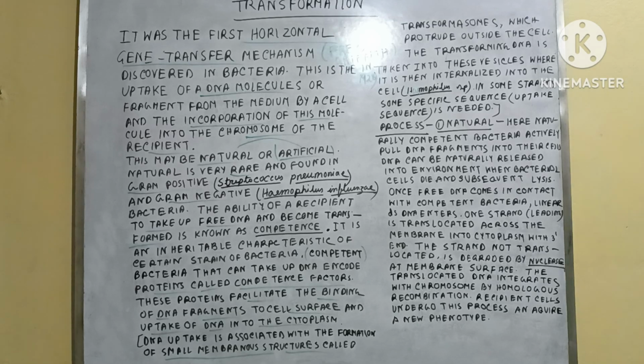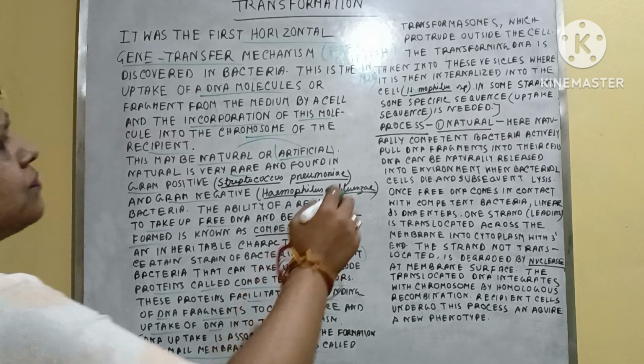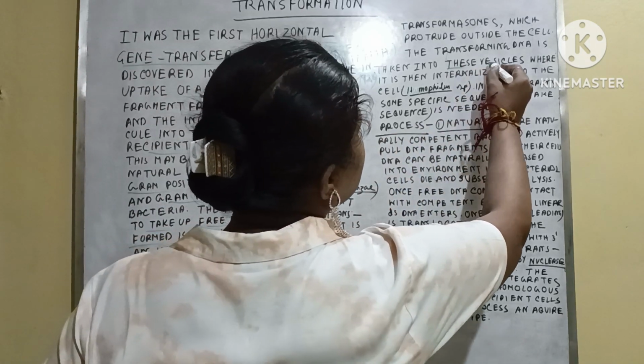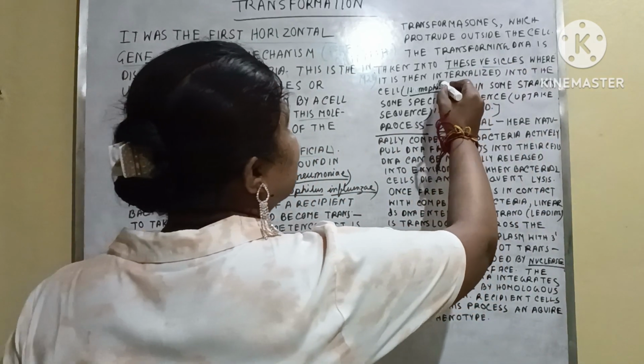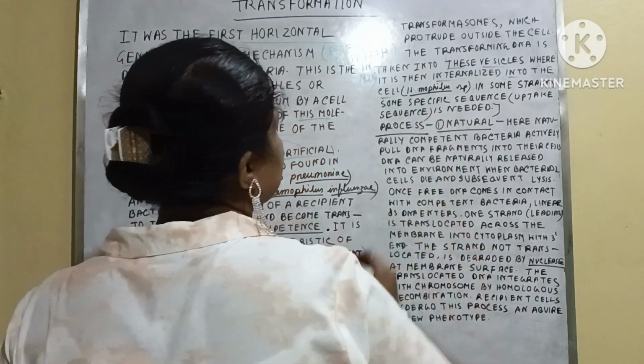These transformosomes protrude outside the cell, and the transforming DNA is taken into these vesicles, where it is internalized into the cell.